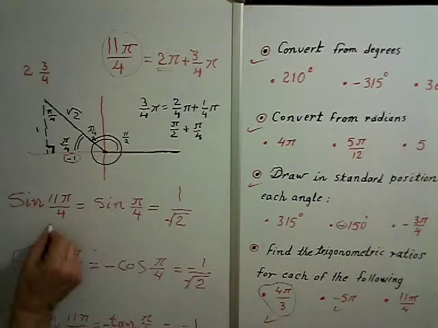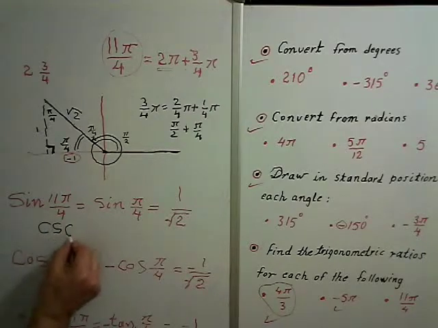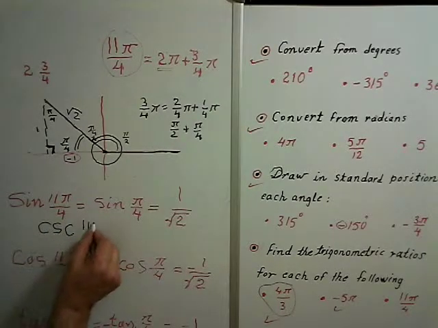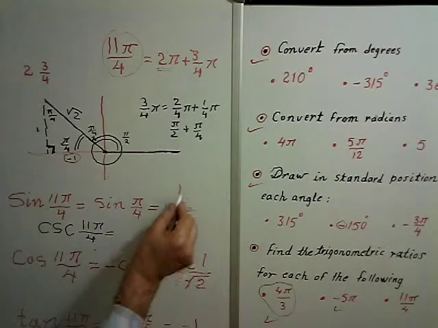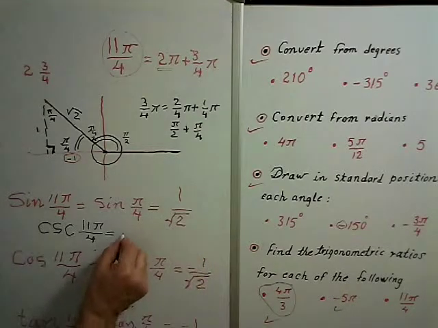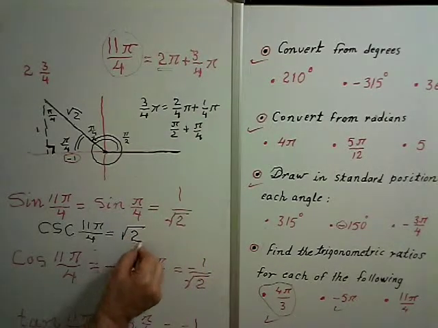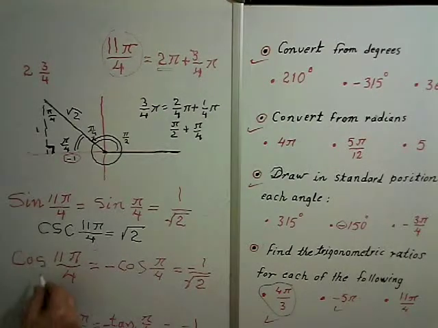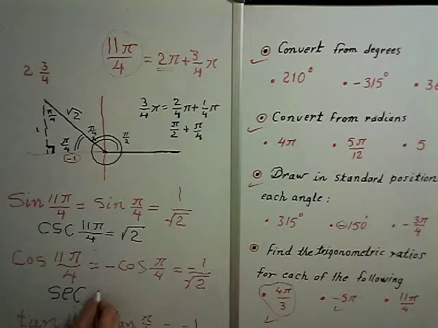And now you can write the inverses. Here cosec 11 pi over 4 is the inverse here. Square root of 2 over 1, that means square root of 2. Here, the inverse of cosine is sec 11 pi over 4.